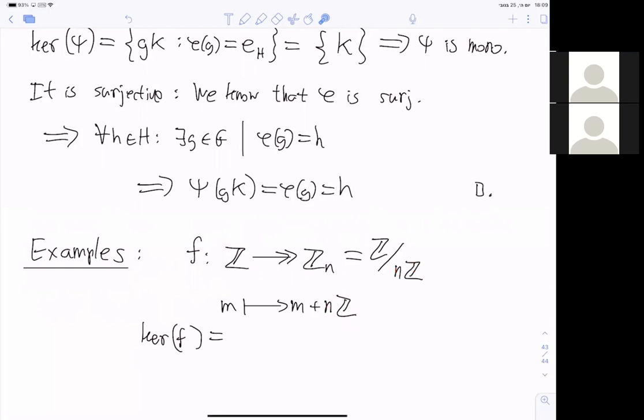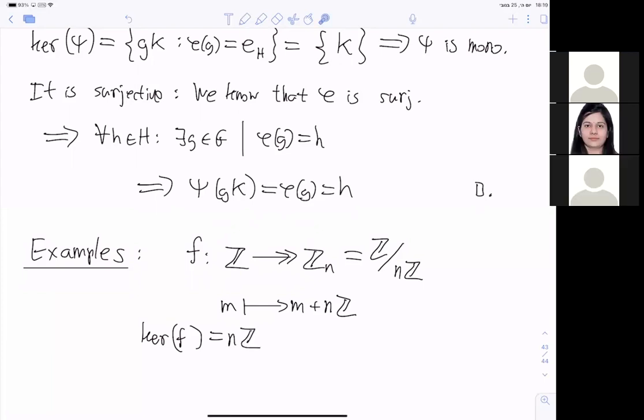So what will be the kernel of this homomorphism? It will be nZ, because if you take some multiple of n, then it will be 0 plus nZ.